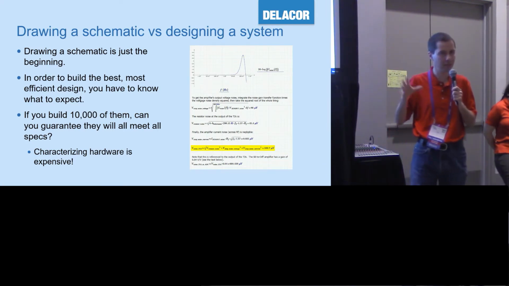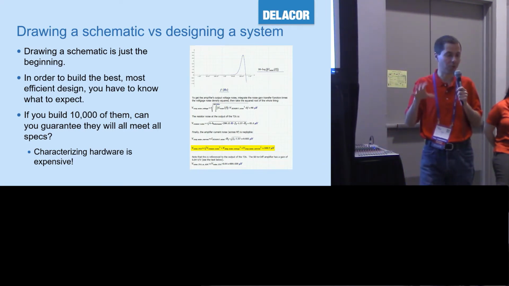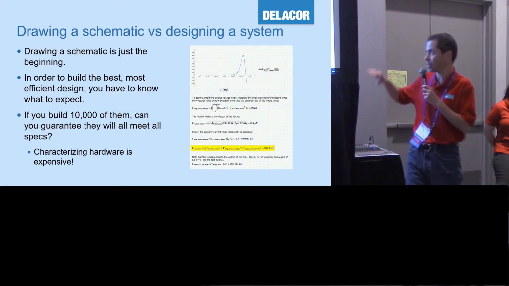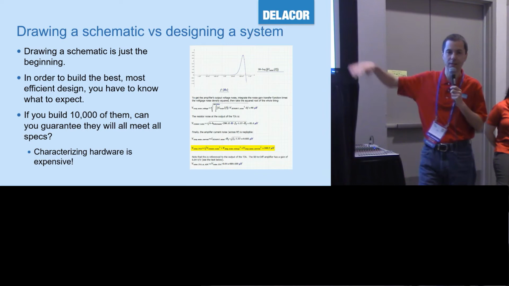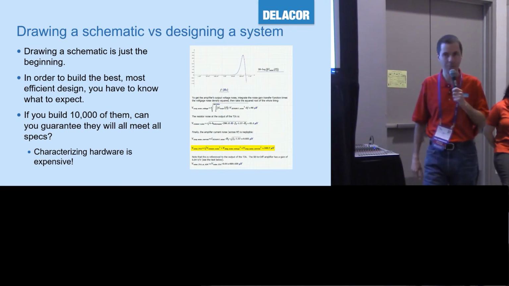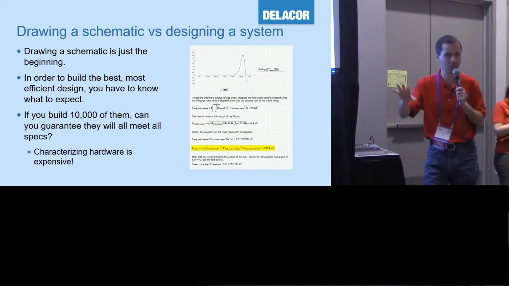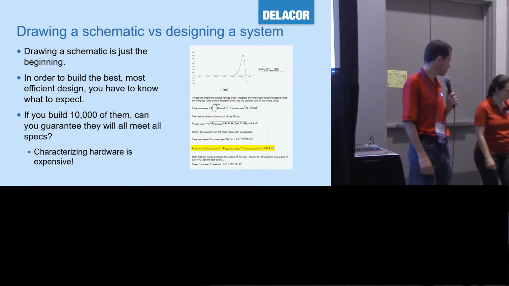The only thing that can go wrong is the manufacturer didn't assemble it right. If you can, by design, guarantee that your performance is going to be met, then you don't have to worry about characterizing hardware. You're just testing to see if it was built correctly.